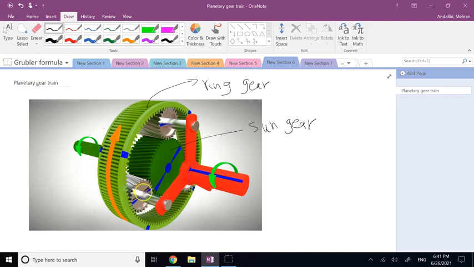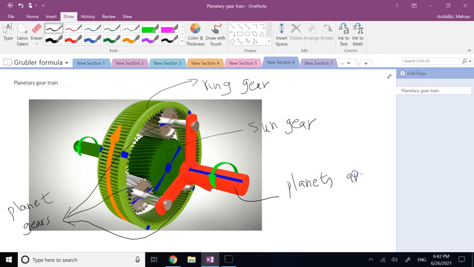We typically have 3 gears between the sun and the ring, and we call them planet gears. And then we have this red member, which we call the planet arm. It's attached to the axis of all 3 planet gears. So we have 4 members that can move. So here your n minus 1 is equal to 4. You have 4 moving members.